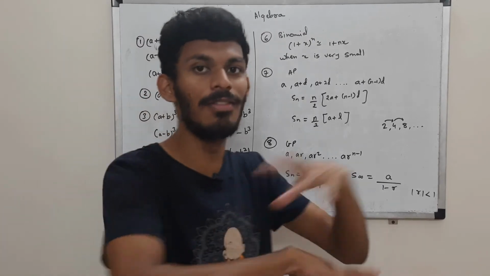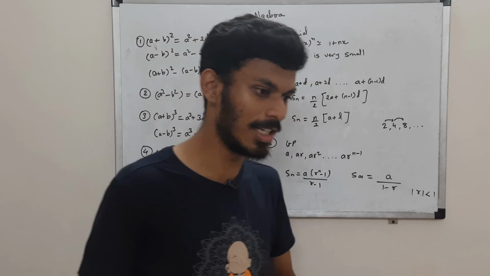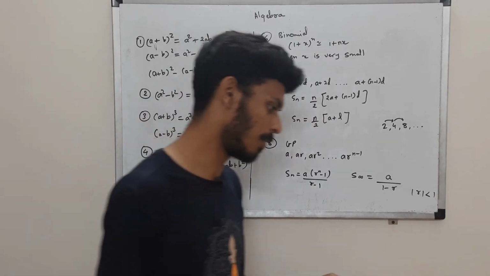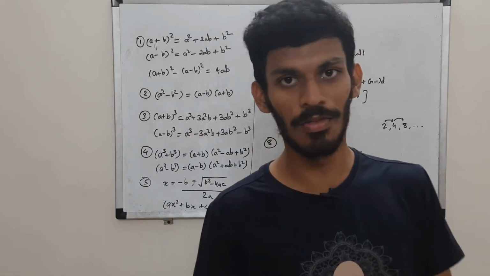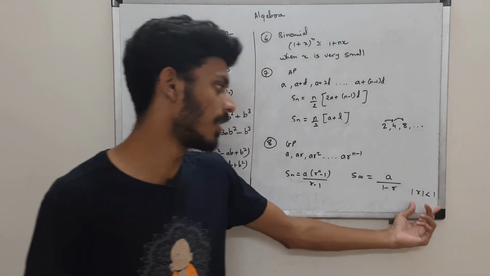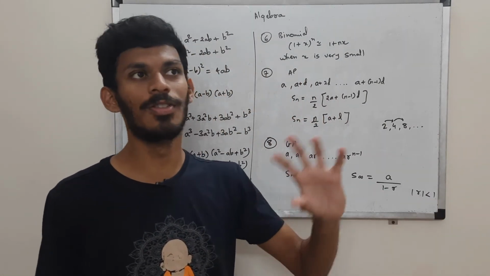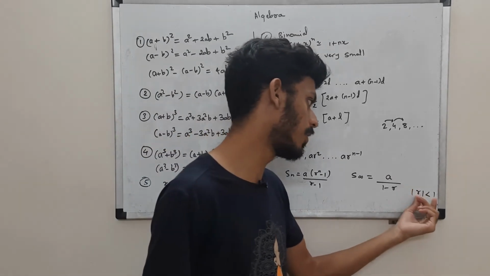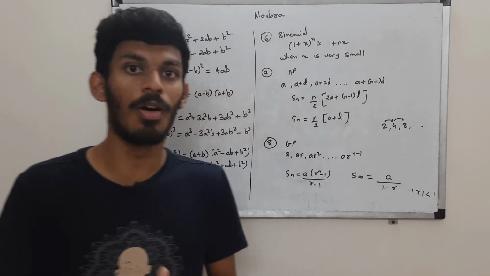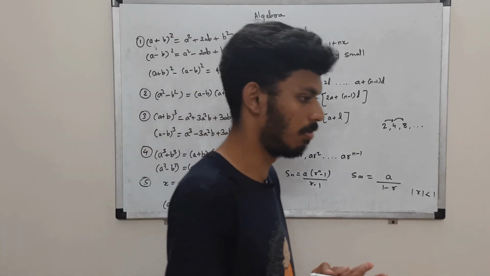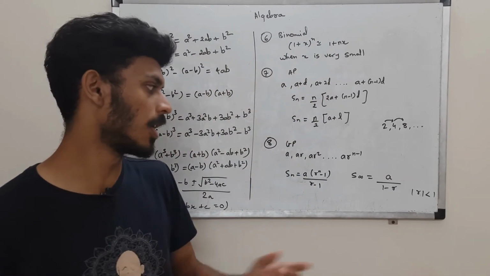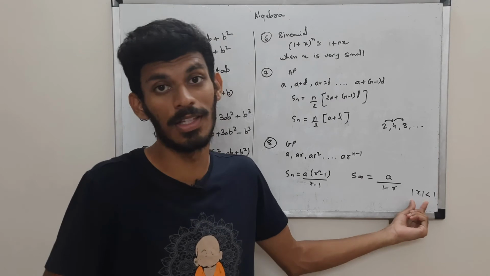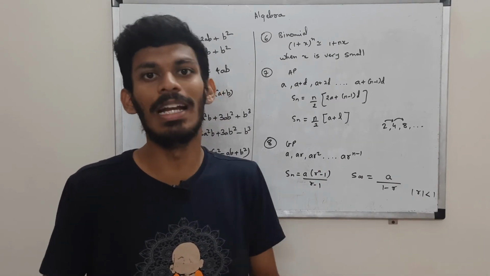Suppose we have an infinite GP. Of course, only those which are convergent have a sum, and the condition for that is that the absolute value of the common ratio should be less than 1. Even if it's half, even if it's minus half, the mod of that is less than 1.